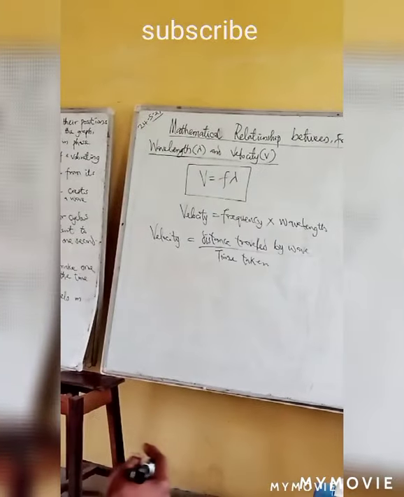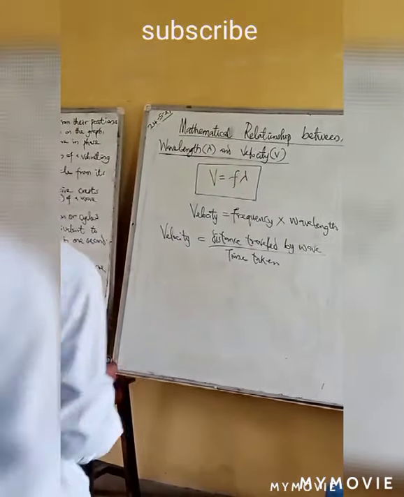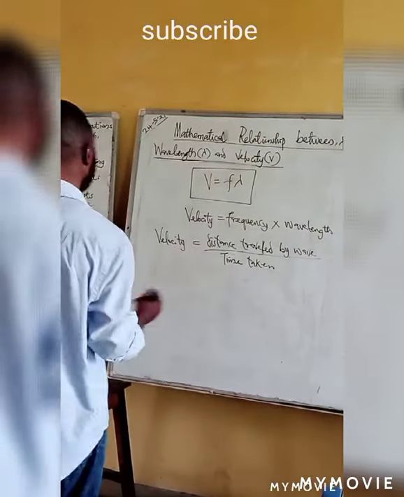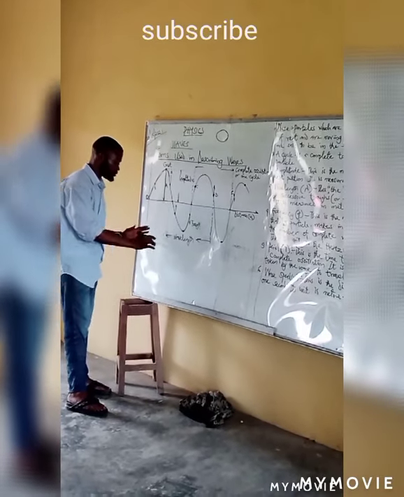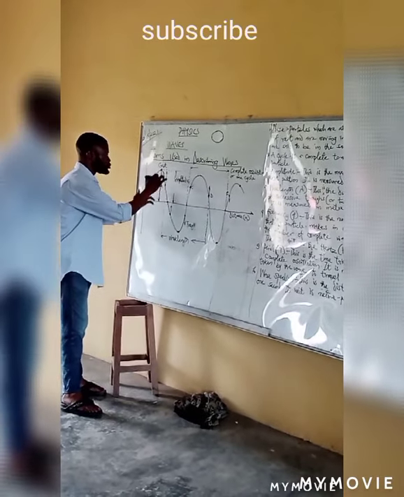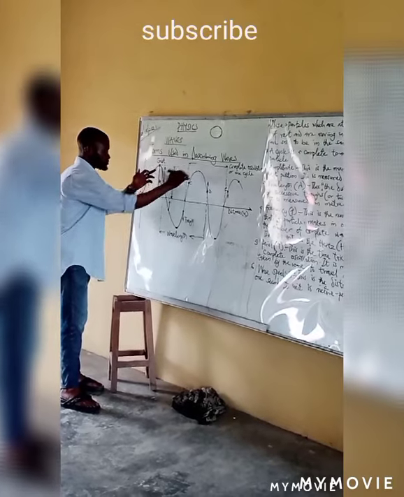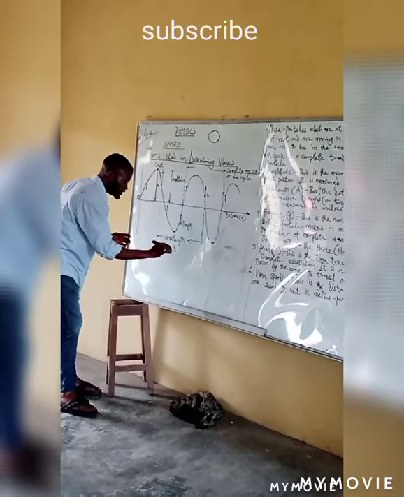That is, the distance traveled by wave, as I said in the wave graph that we drew before, the distance between two successive crests is what we refer to as wavelength.